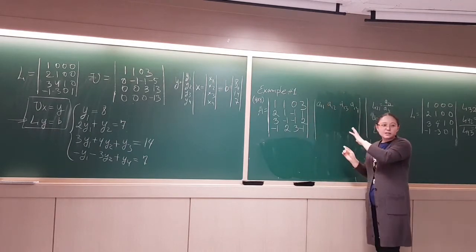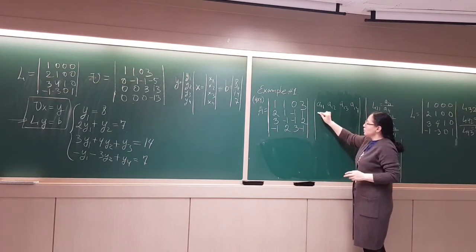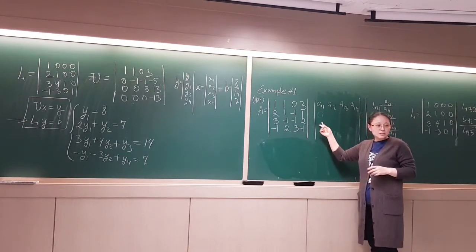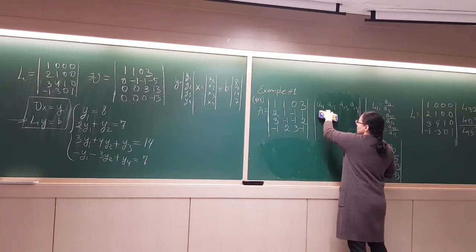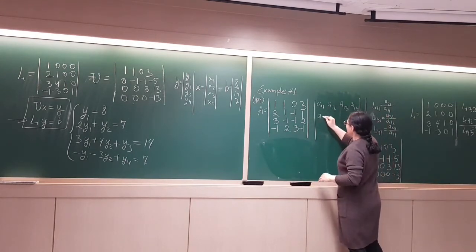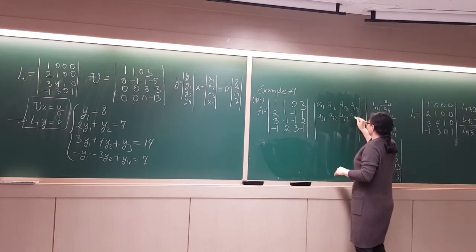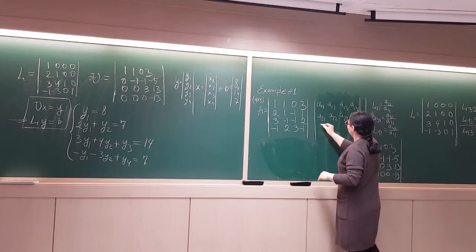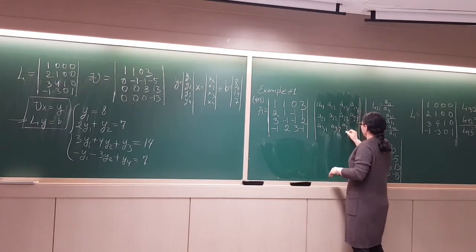We don't know the numbers, right? And we need to make this one 0, but we don't know what this number is, right? A21, A22, A23, A24, A31, A32, A33.